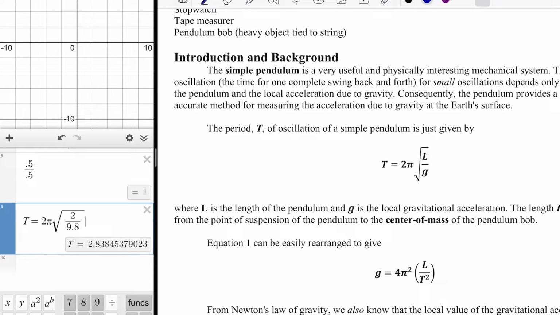So let me just do a quick check, make sure I don't have a typo there. So we have the period of a pendulum swing, okay? I'll just double check the angular part. So 2 pi, yep, okay. I'm just checking on another device, so sorry for the delay. Let's see. Yeah, it is definitely 2 pi times the square root of L over G.